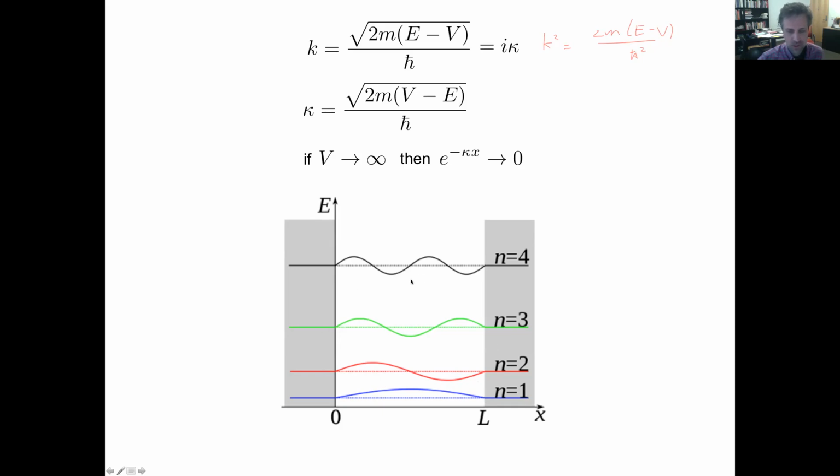This is what we call quantization, meaning only certain waveforms are allowed, others are not because they do not fulfill the boundary conditions and therefore are unphysical. That's very different from a particle in free space, because if you take those barriers away, you can have any shape of the wave function. They're all allowed. There's nothing that determines that only certain shapes are allowed.